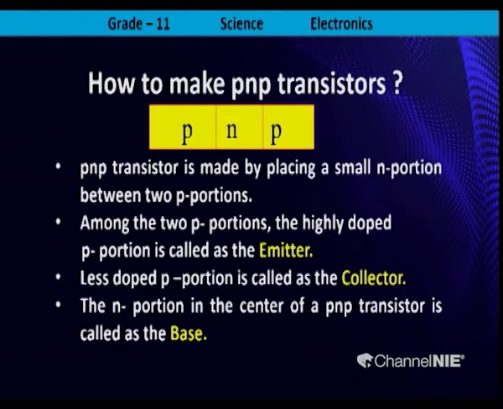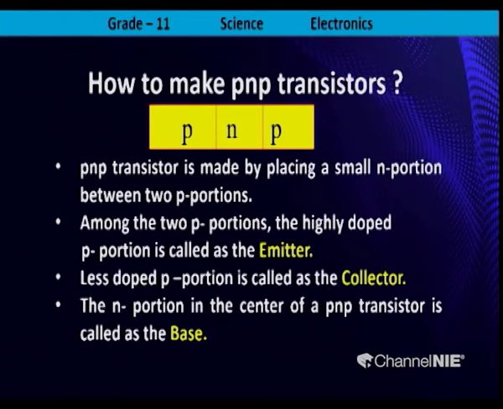portions. Among the two p portions, the highly doped p portion is called as emitter. You can remember p-type semiconductors and n-type semiconductors are made by doping. So, highly doped p portion is called as emitter. The less doped p portion is called as collector.